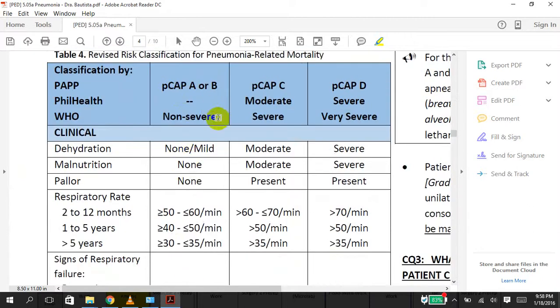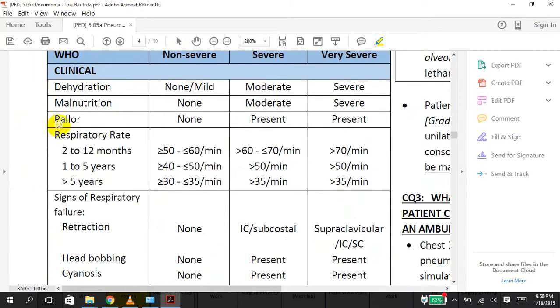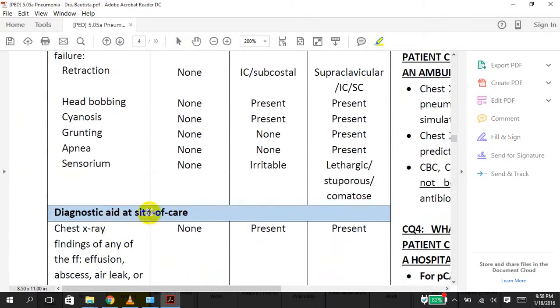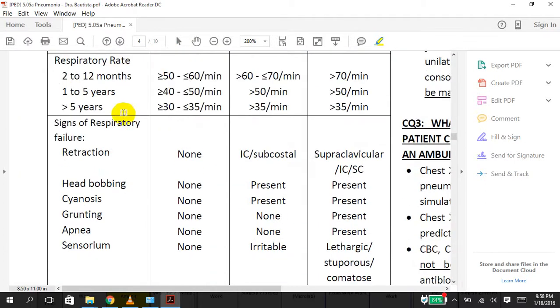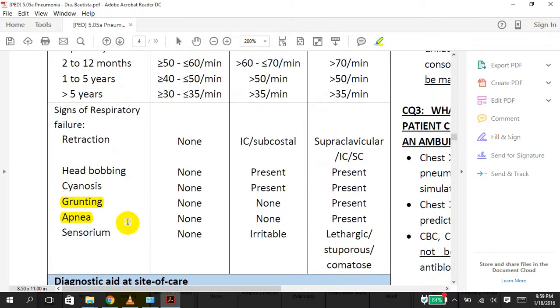So we classify patients according to their clinical manifestations, like if they have dehydration, if they have malnutrition, pallor, respiratory rate, the signs of respiratory failure. So important here that I just highlight is the presence of grunting.